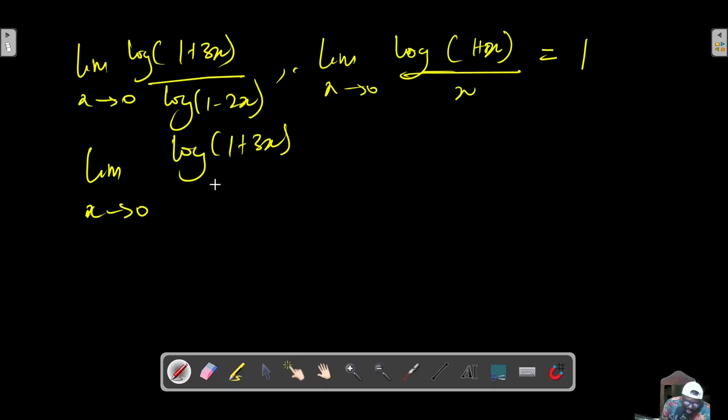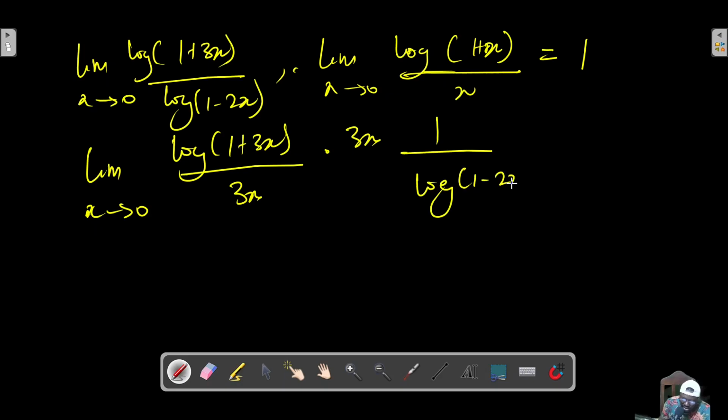So I will divide by 3x and multiply here by 3x. Then I will bring in my log(1 - 2x).